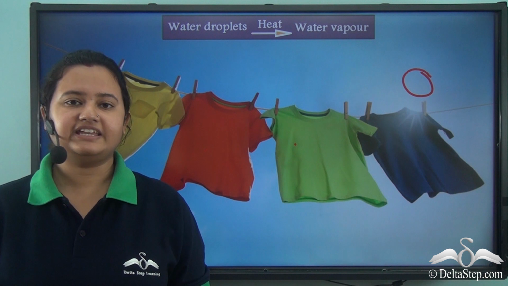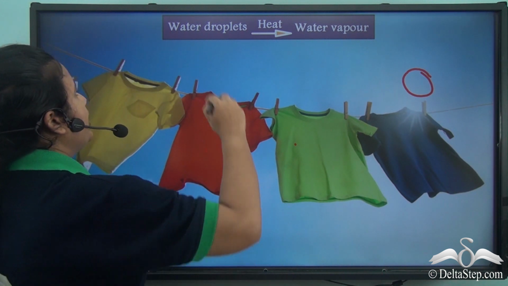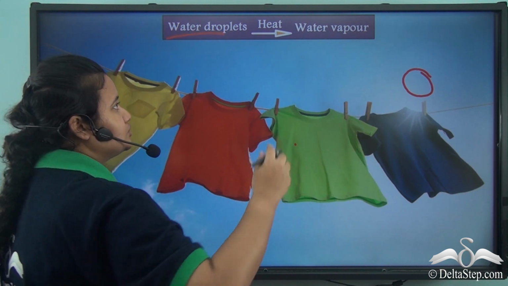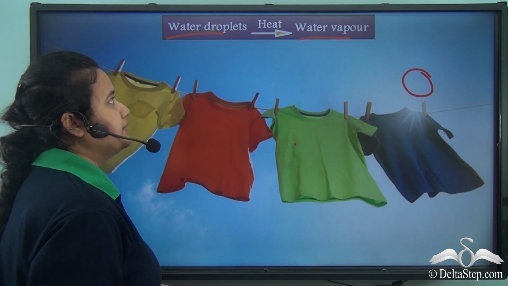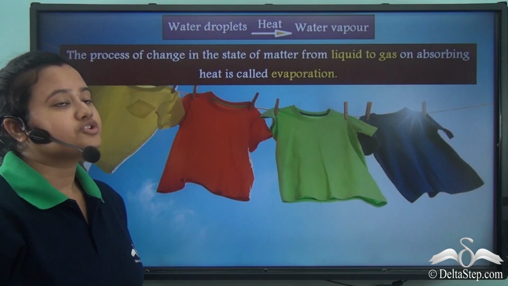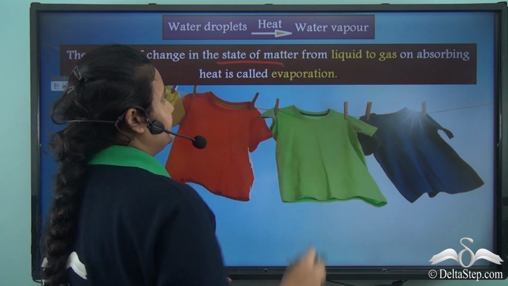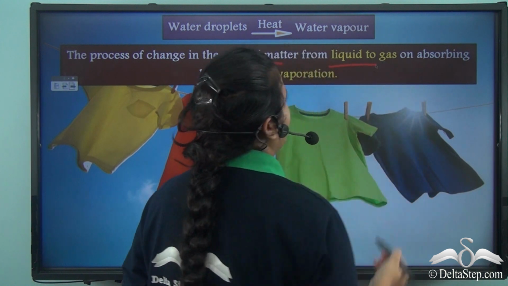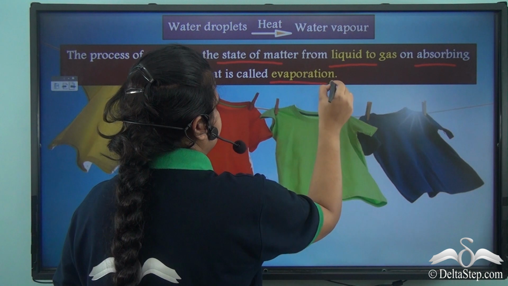So here we see that there is a change in state of water from water droplets, that is from liquid state, to gaseous state or water vapor on absorbing heat. This process of change in the state of matter, like water from liquid to gas on absorbing heat, is called evaporation.